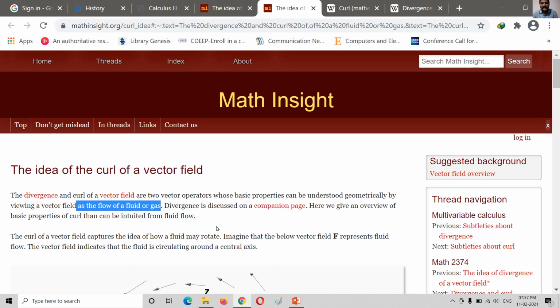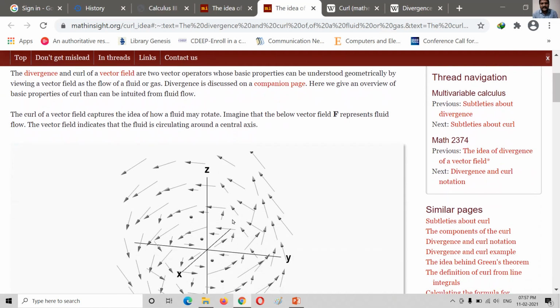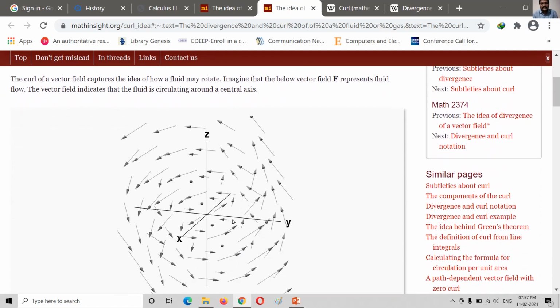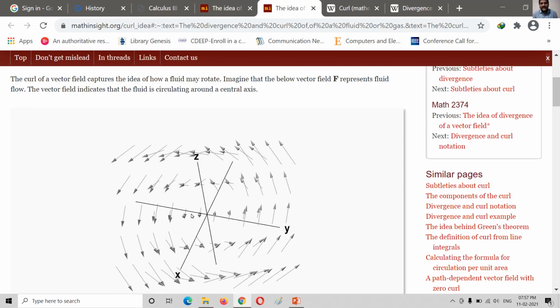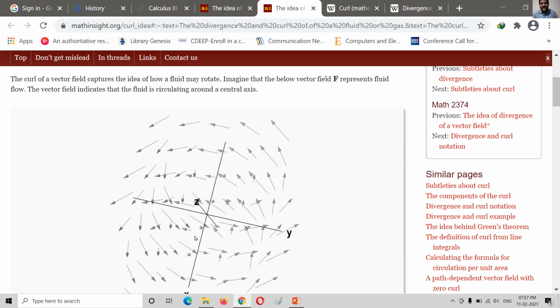Just right now I will discuss the same with the help of an example. We will discuss the divergence later, but first we see the concept of the curl. Now consider this, the turbulence you see in the water, and I can rotate it like this. See, I can change the axis.